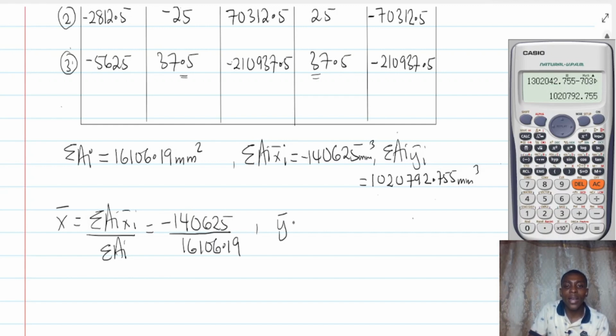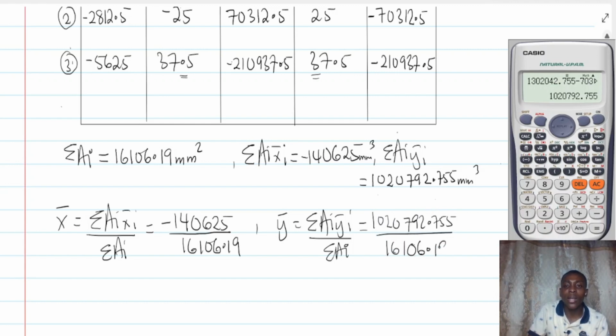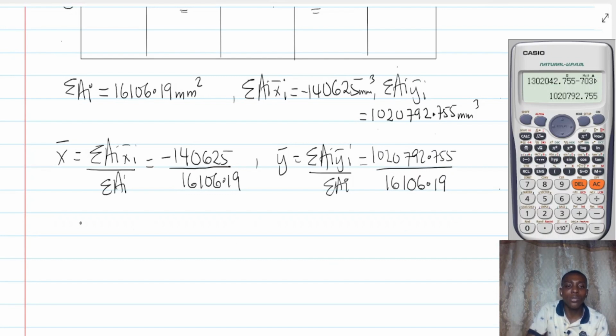And then the y bar is going to be summation A_i y bar_i divided by summation A_i. And what is that? In fact, that is going to be 1020792.755 all divided by 16106.19.